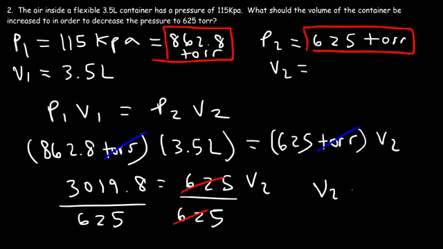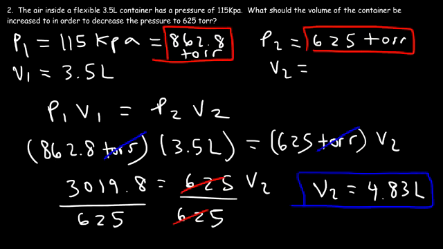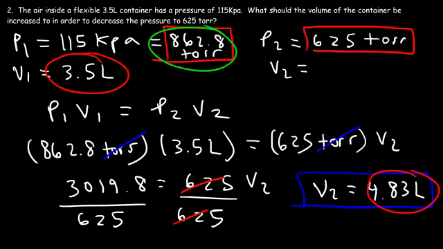So V2 is 3019.8 divided by 625, which is 4.83 liters. And so that's the answer. Notice that the volume was increased from 3.5 to 4.83. So this caused a decrease in pressure from 862.8 to 625 torr.